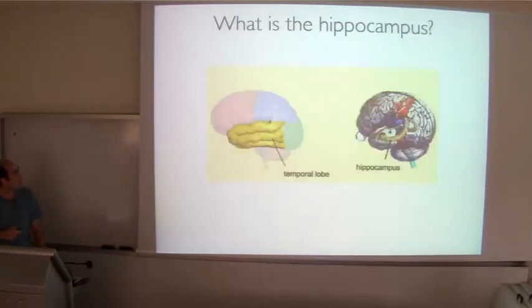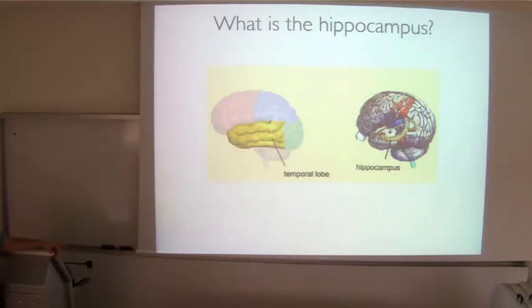Okay, so what is the hippocampus? The hippocampus is just part of the brain. It's located under the temporal lobe, in the human kind of wrapped within the temporal lobe. The primary auditory cortex is around here, and it's obviously on both sides of the brain.